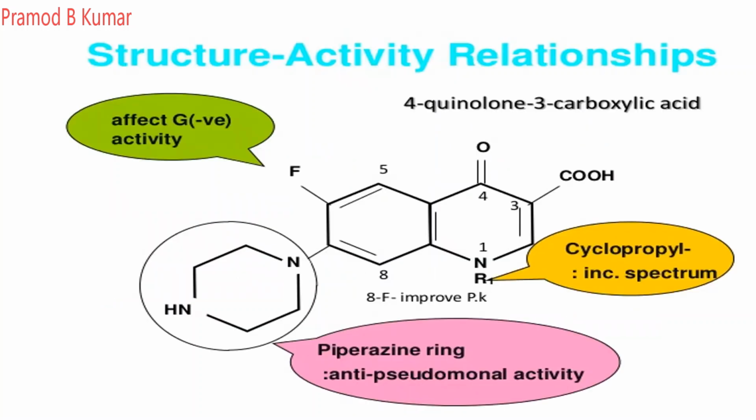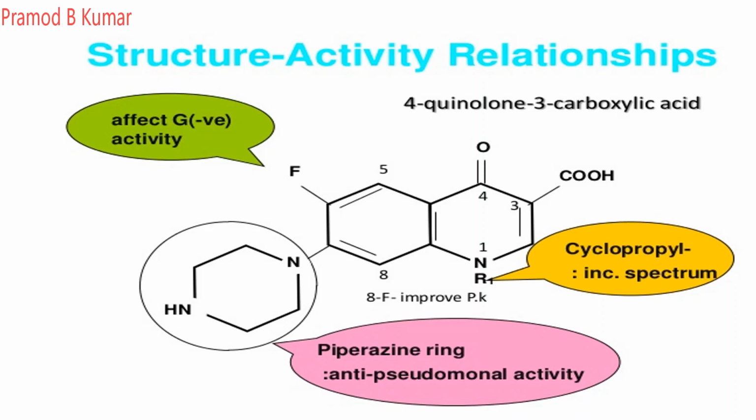Let's go into the role of each. If you see the structure, it is a 4-pyridone fused to a benzene ring. The nitrogen is substituted with an alkyl, basically cyclopropyl, ethyl or methyl. There is a double bond between the second and third position, which is necessary for activity. There is a carboxylic group at the third position and a carbonyl group, C double bond O, at the fourth position.